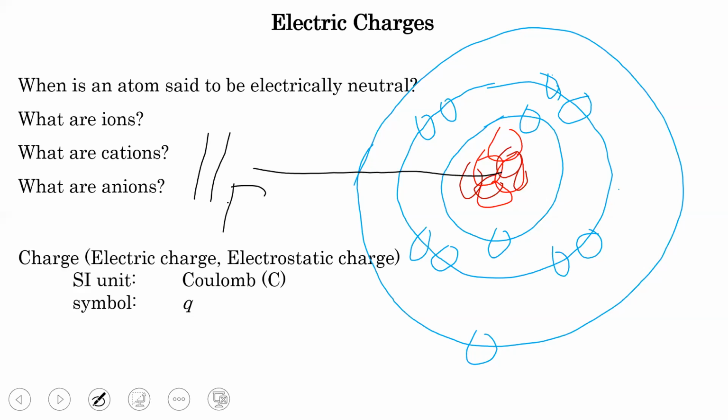And let's say that around at the orbits, all around, we have 11 electrons. So that should tell us this is a sodium atom.